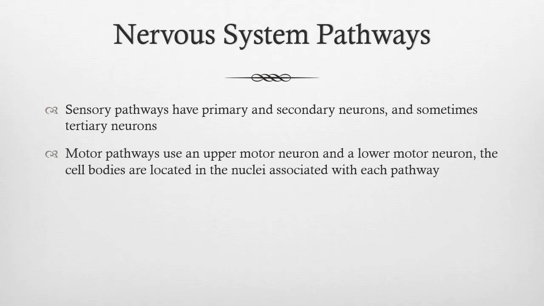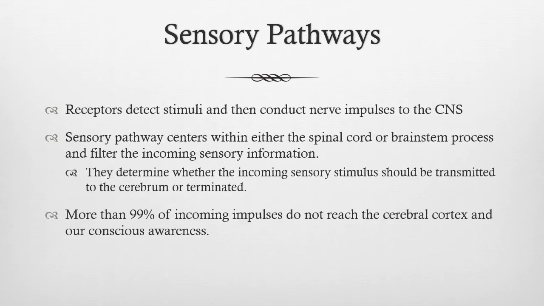On the sensory side, we have 2 or 3 neurons involved: either a primary, secondary, or tertiary, or a first order, second order, or third order neuron sending that information on up. On the motor side, we have 2: an upper motor neuron and a lower motor neuron. And depending upon where that information is coming from and going to dictates where those neurons cross over as well.